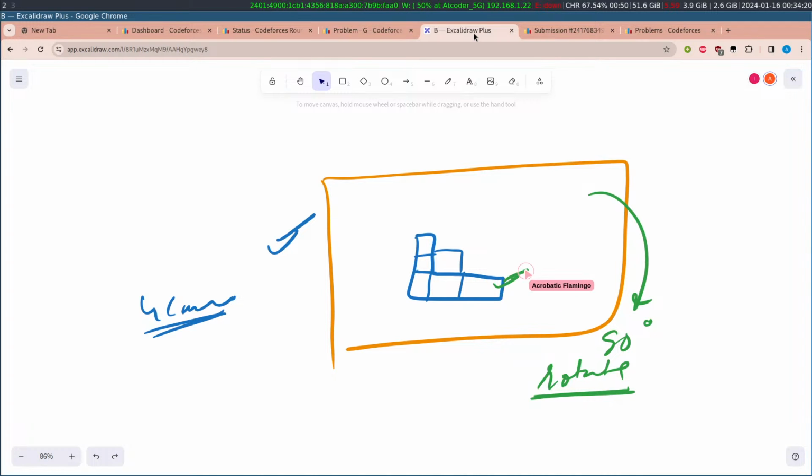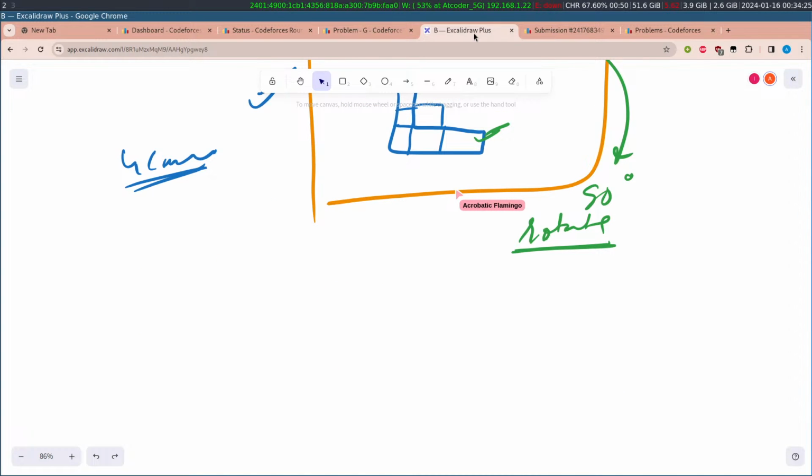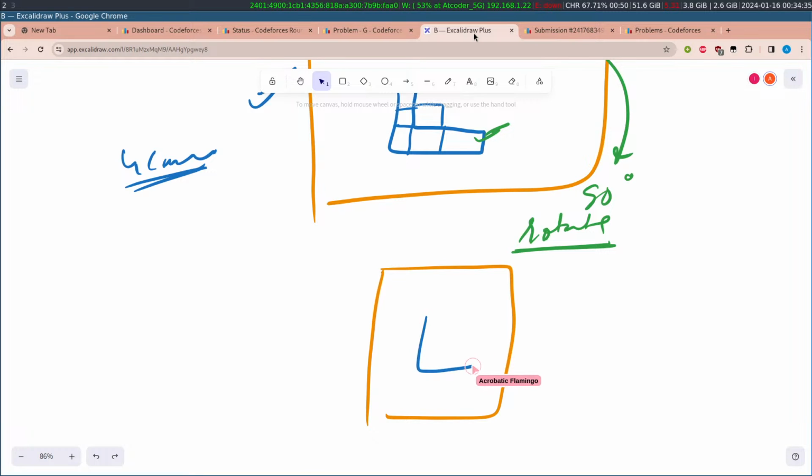So this would be the first time. When you rotate it by 90°, if your grid looks like this, and when you try to find the maximum value over here, it's equivalent to finding the maximum value where you have rotated the gun by 90°.